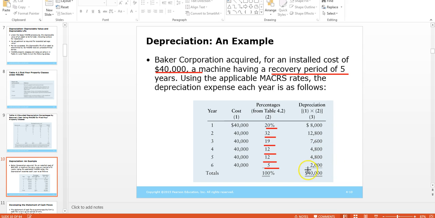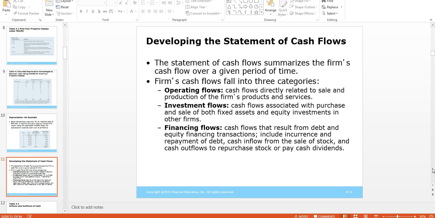And when I'm done depreciating, its book value has been fully depreciated, and it's got a book value of 0. Okay? So after year 1, you'll notice we depreciated $8,000. So that means it has a book value of how much? $32,000, right? And it keeps depreciating towards 0. See, now notice how it's fully depreciated here. And that's an important concept, right? Companies do that so they can write down their value.